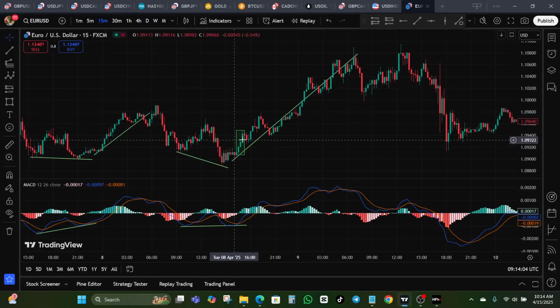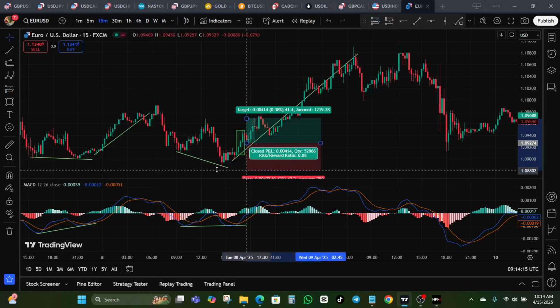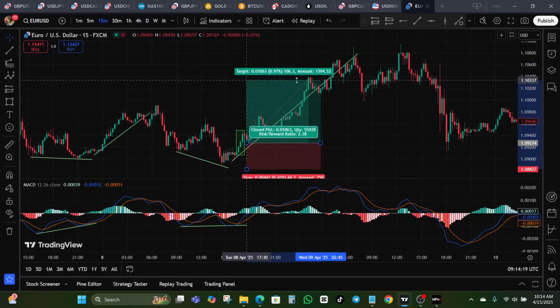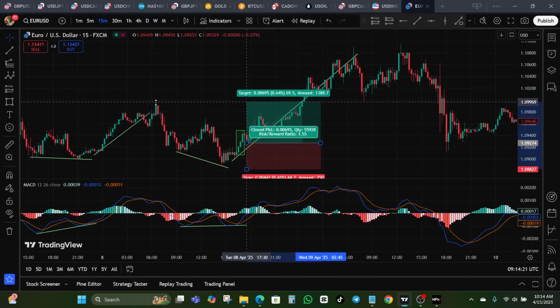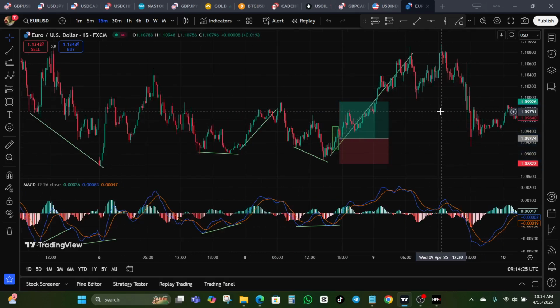We had a little retest here, and we already had our bullish divergence. This would have been a good place to enter a buy, with stop loss below the recent swing low, and you can use resistance zones for your take profit key levels.